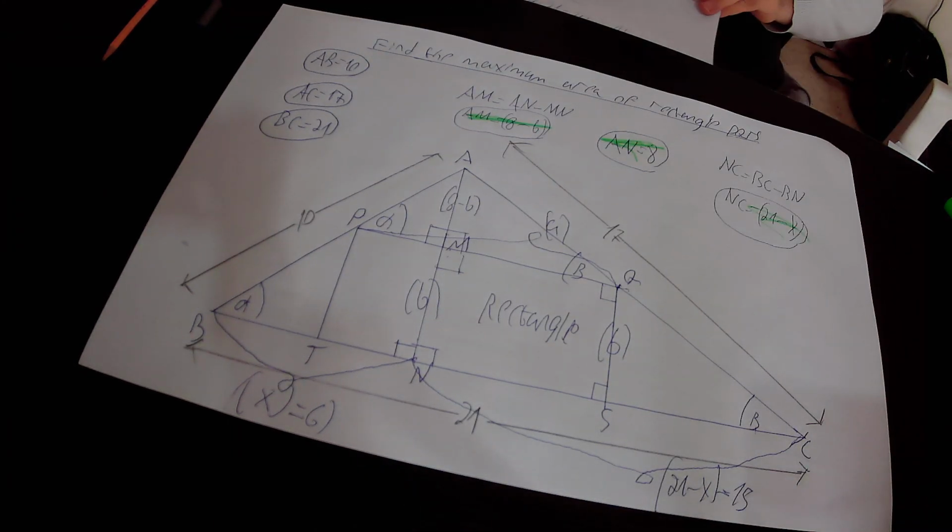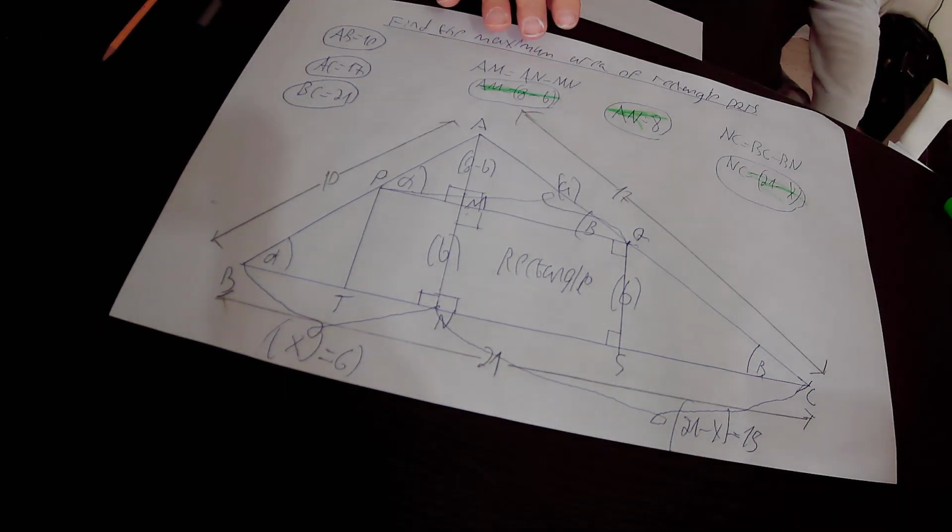And whenever you have two similar triangles, the ratio between their corresponding heights must be equal to the ratio between corresponding sides.